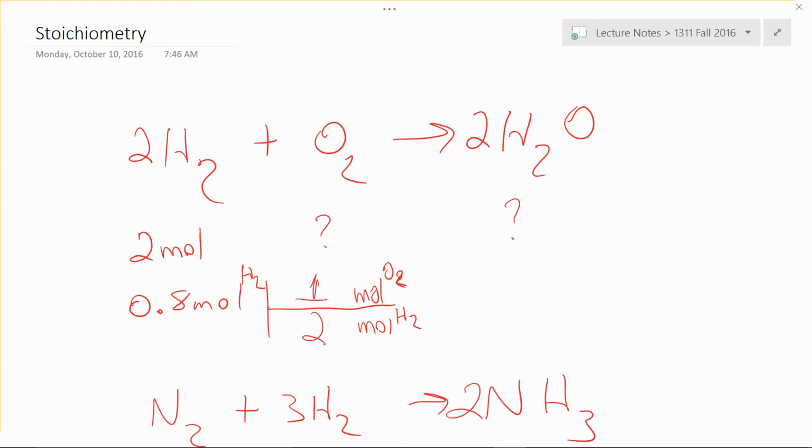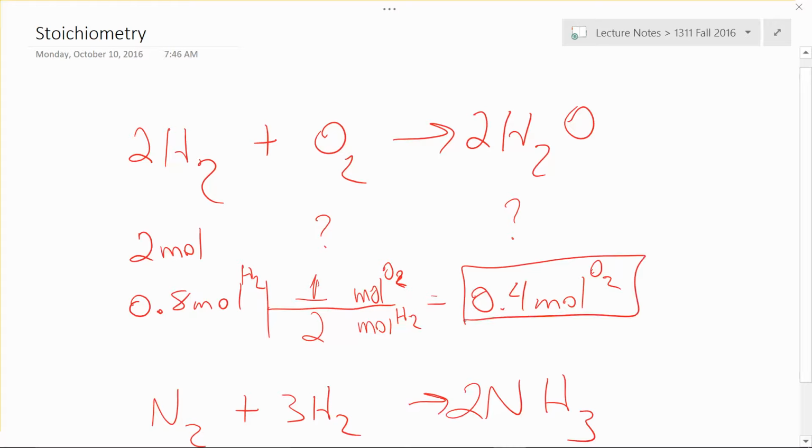So now you can see 0.8 divided by 2, 0.4 moles of O2 will react with 0.8 moles of H2. Now the moles of H2O from the moles of H2.